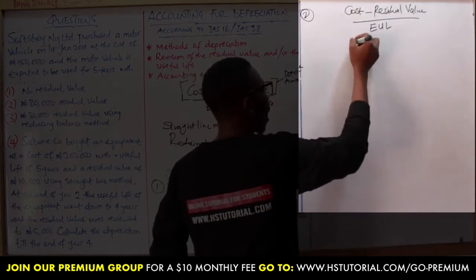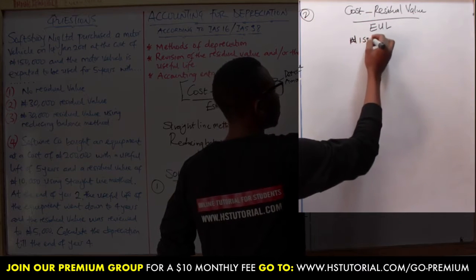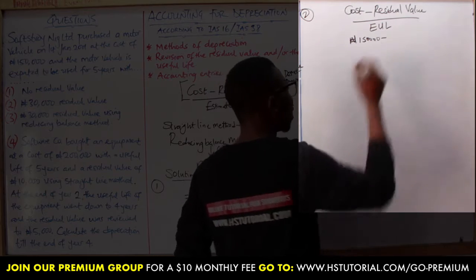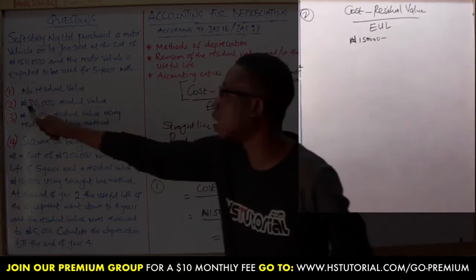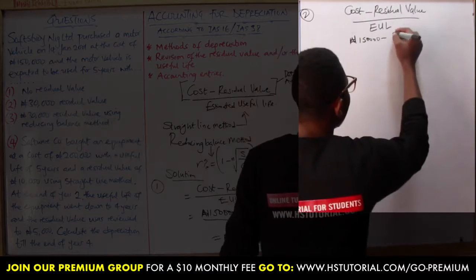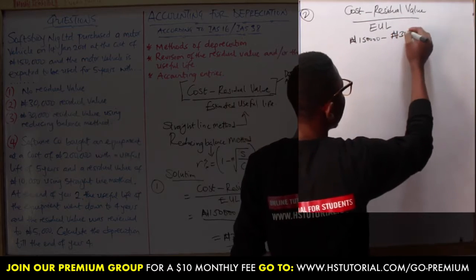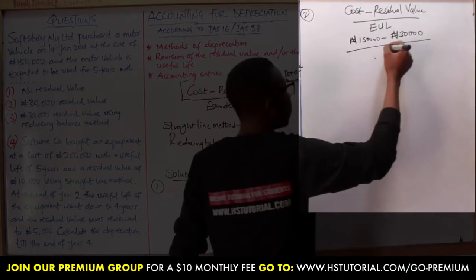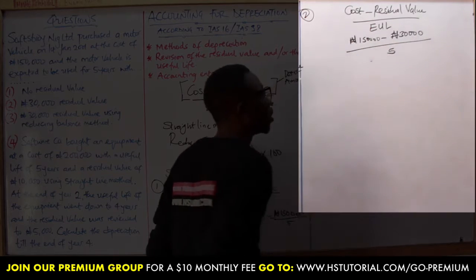So what's the cost of the asset? We have 150,000 naira minus the residual value. They've given the residual value to be 30,000 naira, all over the number of years, which is 5, right?